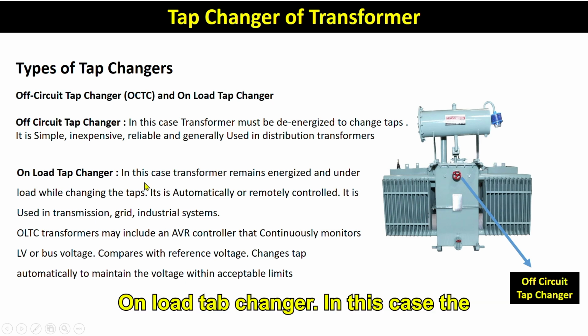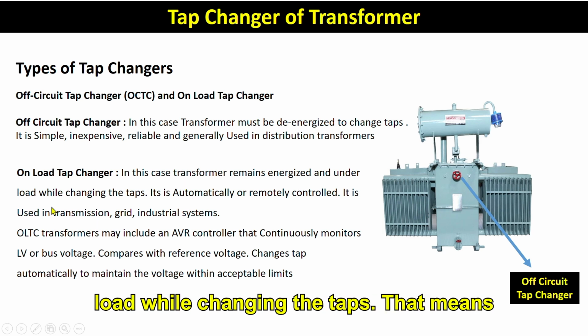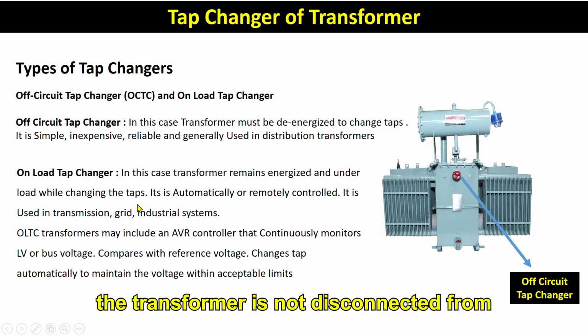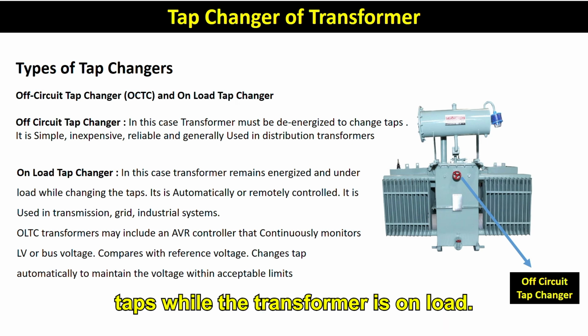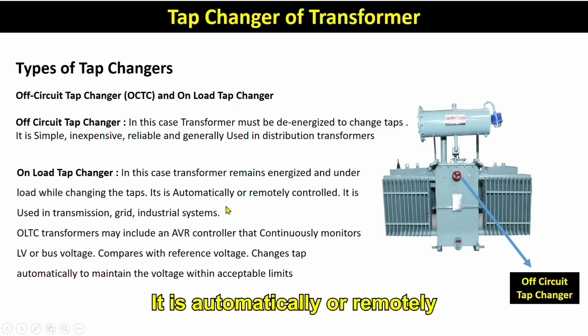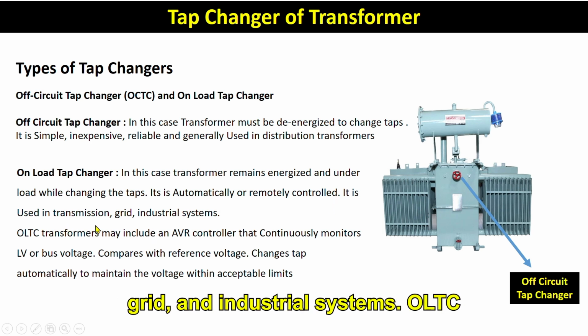On-load tap changer: in this case the transformer remains energized and under load while changing the taps. That means the transformer is not disconnected from the supply, but we are changing the taps while the transformer is on load. It is automatically or remotely controlled. It is used in transmission, grid, and industrial systems.